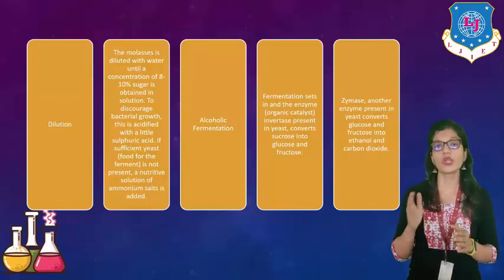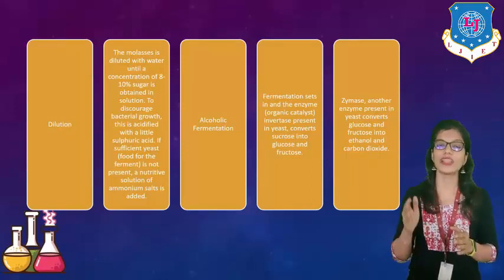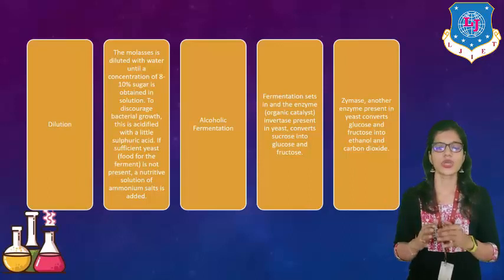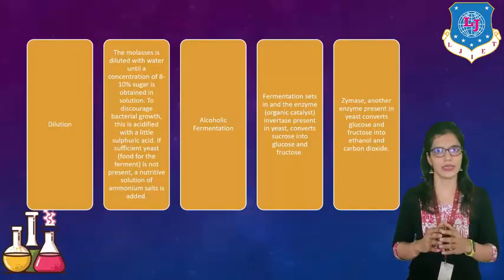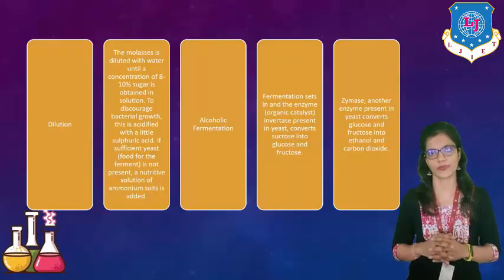Now, we will move ahead to the next one, which is known as alcoholic fermentation. The fermentation sets in, and the enzyme, which is an organic catalyst, invertase present in yeast, converts the sucrose into glucose and fructose.